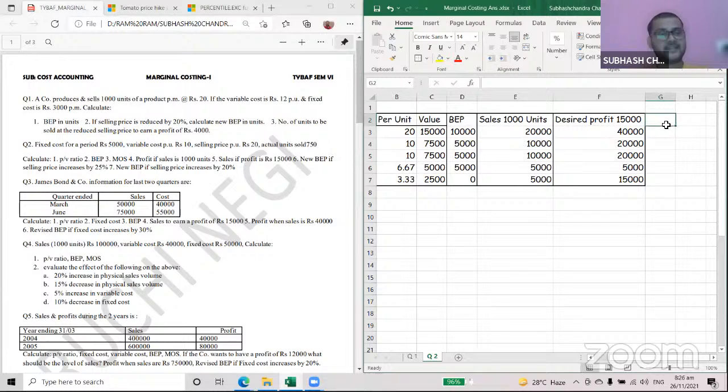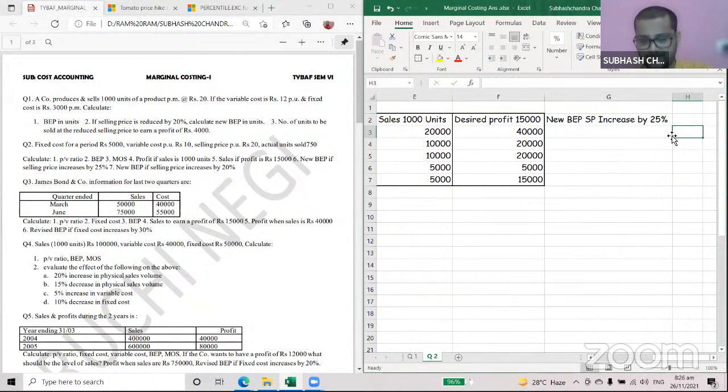So what will be the impact here? Try to check the impact.